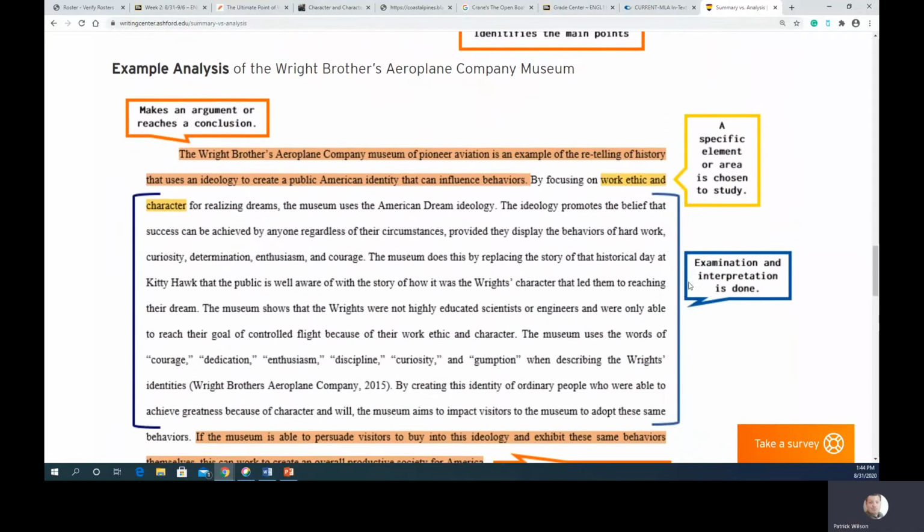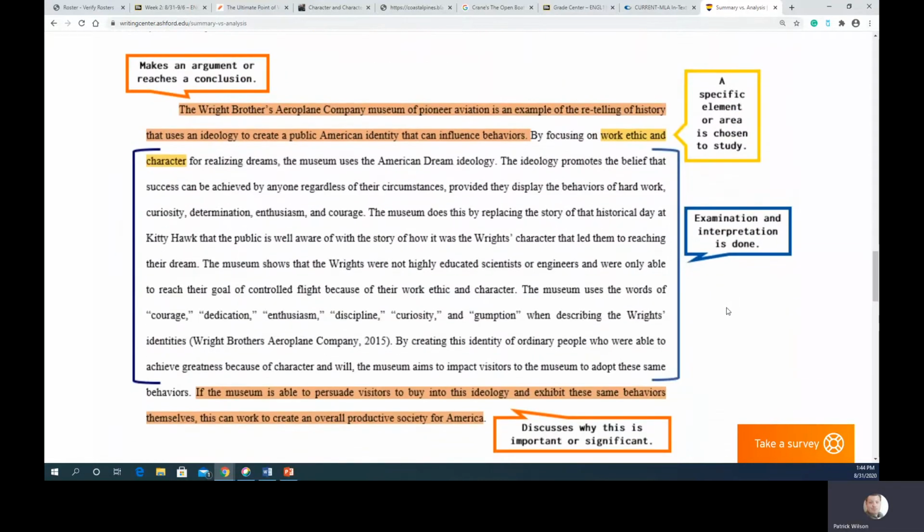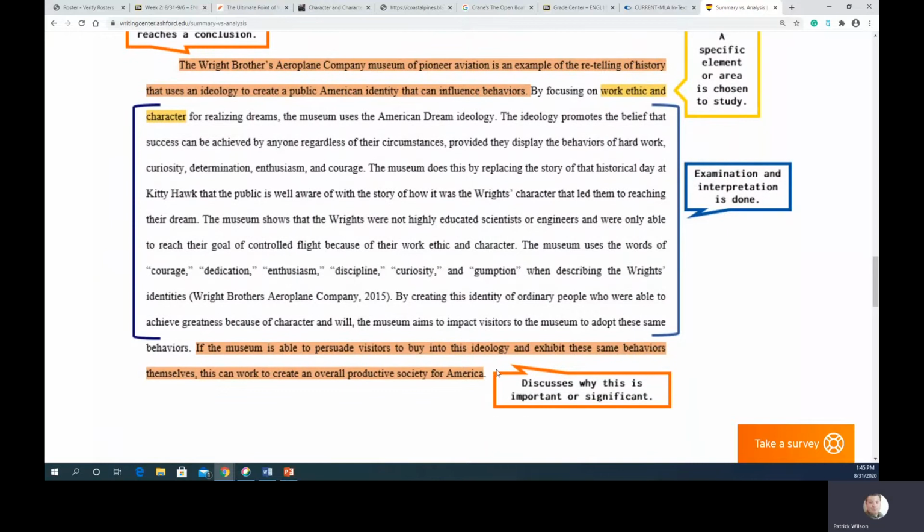So if we look at the second one, again, I'm not going to read everything, but you notice this very first sentence, sort of the topic sentence, you could say it could be a particular thesis statement when you're thinking of a larger paper, does make an argument and reaches a conclusion, because as we read the other sentences, we're going to get that, especially this very last concluding sentence where it discusses why this is an important or significant event.